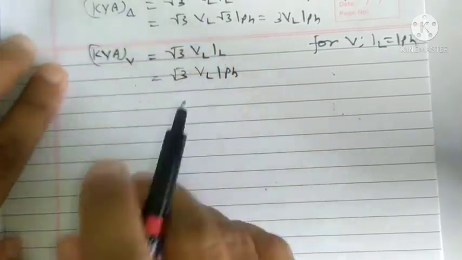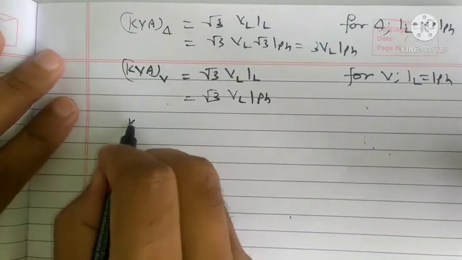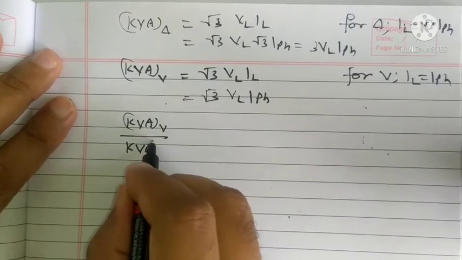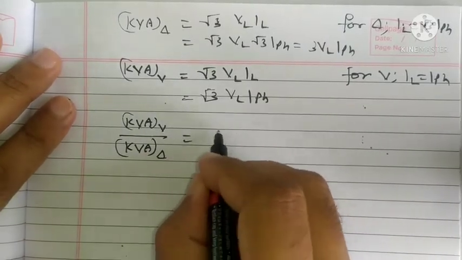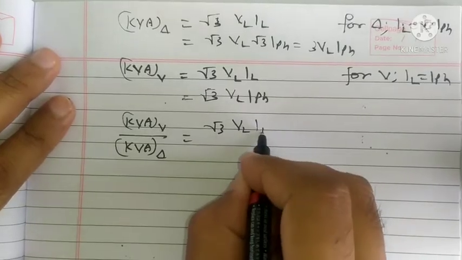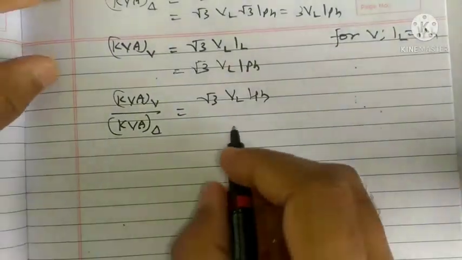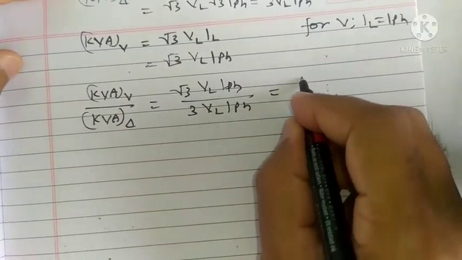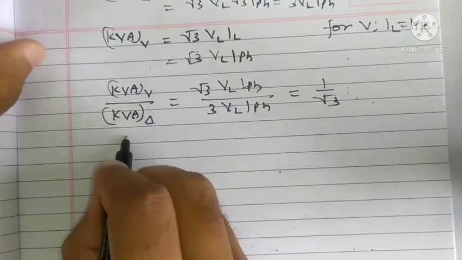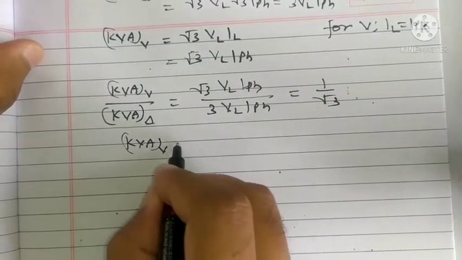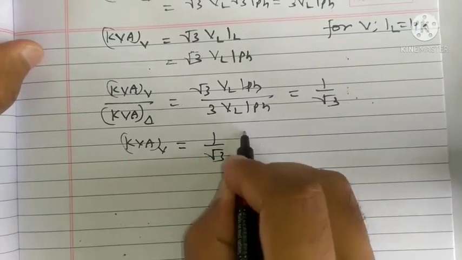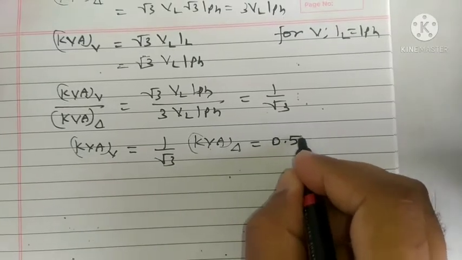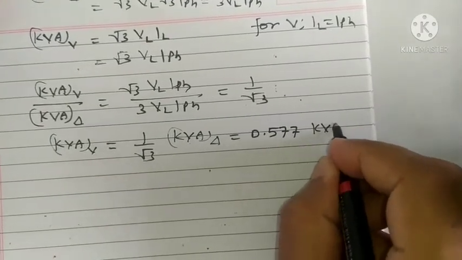So if I compare these two kVAs, kVA open delta by kVA delta will be written as root 3 VL IPH by 3 VL IPH. So it will come as 1 by root 3. We can say kVA of V connection is 1 by root 3 times kVA of delta, that is 0.577 of kVA delta.